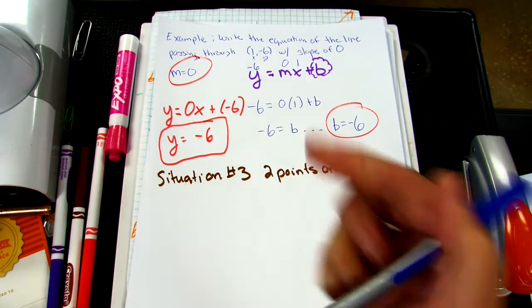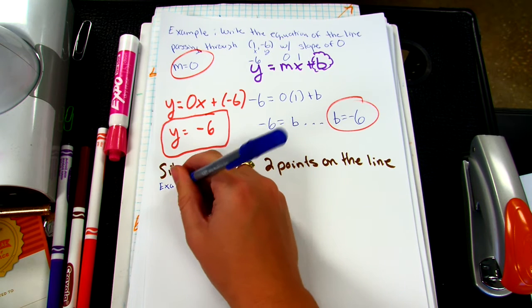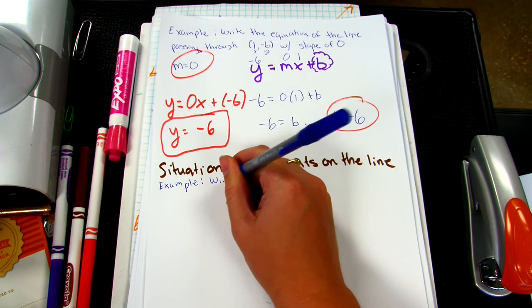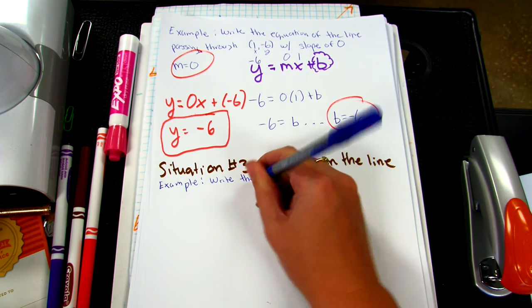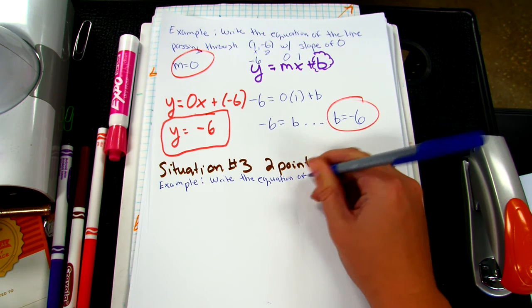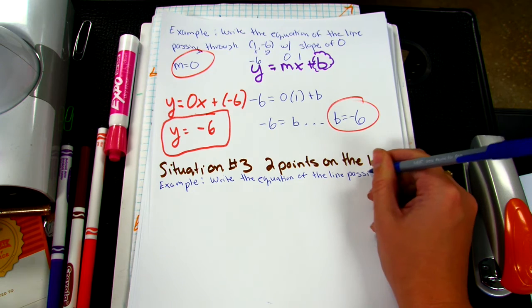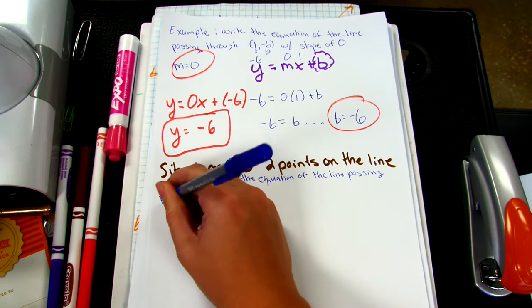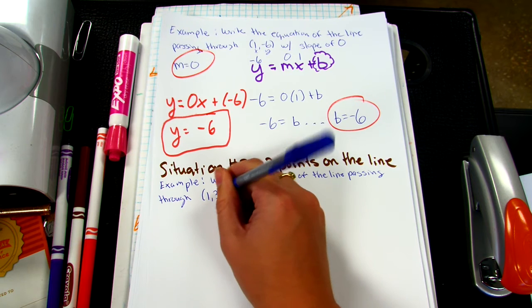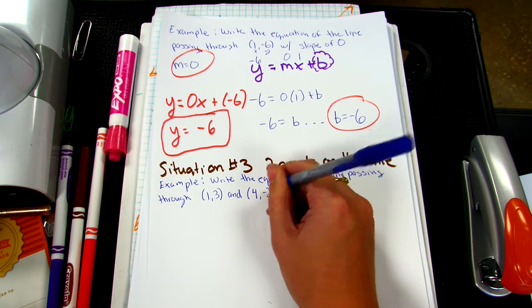Okay? So our example says this. Write the equation of the line passing through (1, 3) and (4, -2).